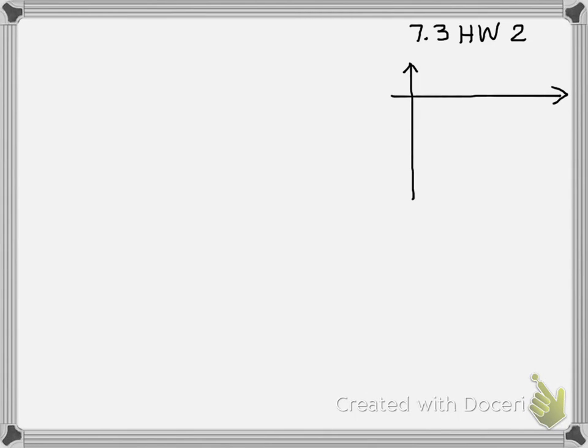Section 7.3 Volume, the shell method. Question number 2. Use the shell method to write and evaluate the definite integral that represents the volume of the solid generated by revolving the plane region about the x-axis.